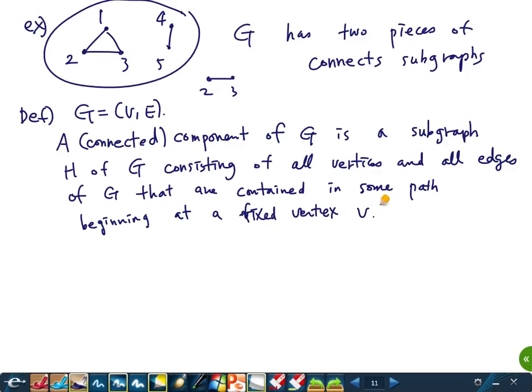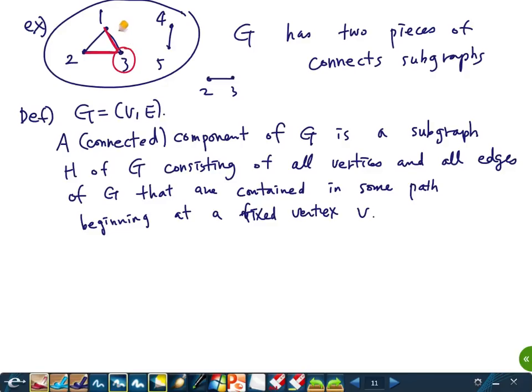So for instance, here, if we fix one vertex, say 3, you consider all edges and all vertices that are contained in some path from 3. Because this is a path, we have 2 as a vertex.